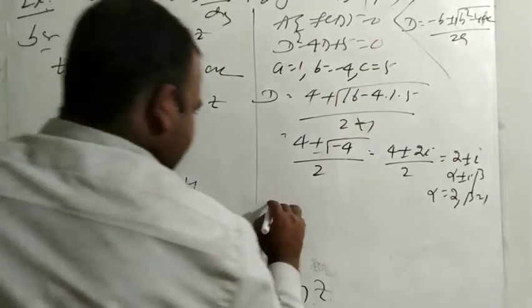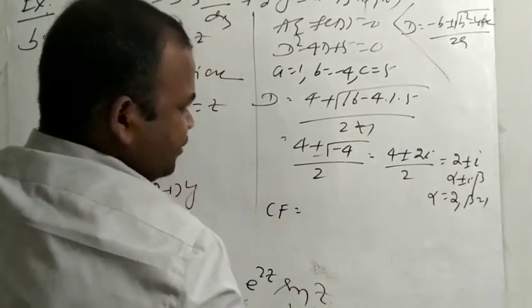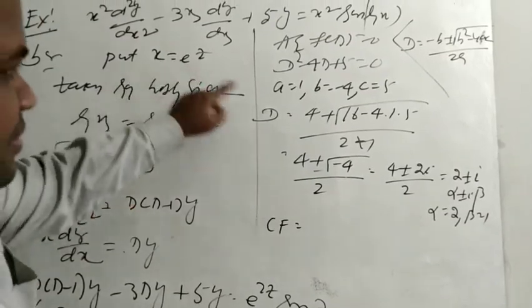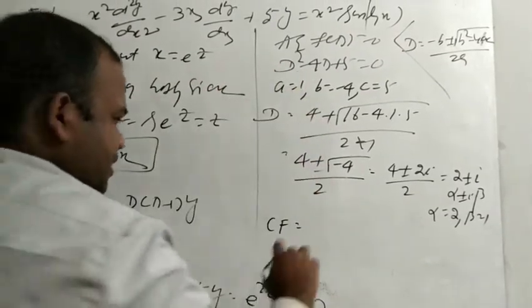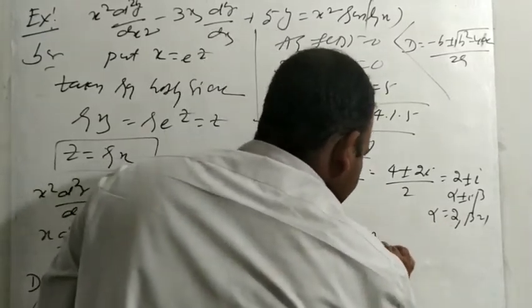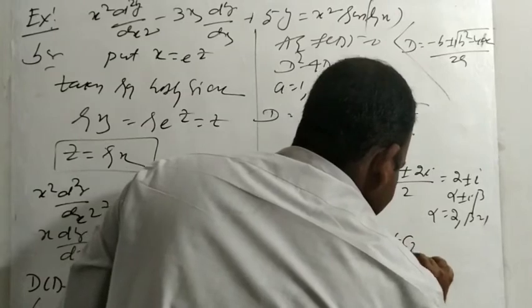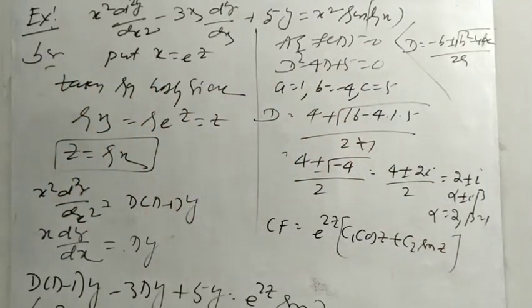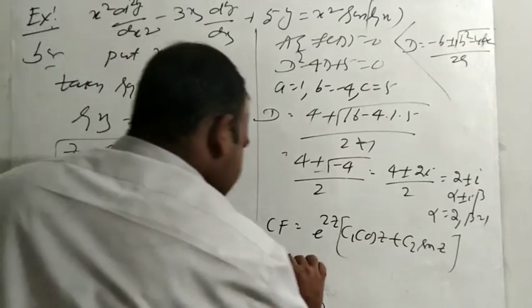So what is CF? CF equals e raised to alpha x, but not here, because x is converted into the form of z. Here our solution will be in z, so e raised to alpha z, c1 cos z plus c2 sin z. This is the value of CF. Now you will find the value of PI.